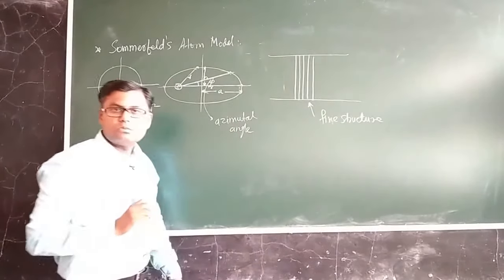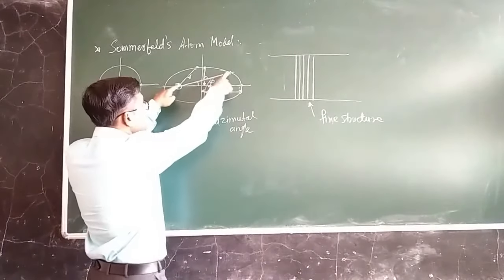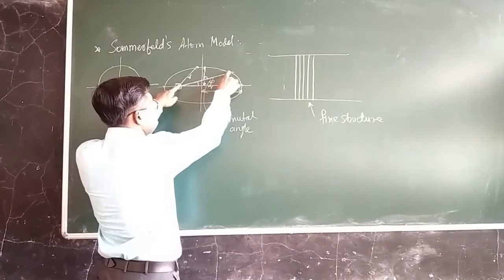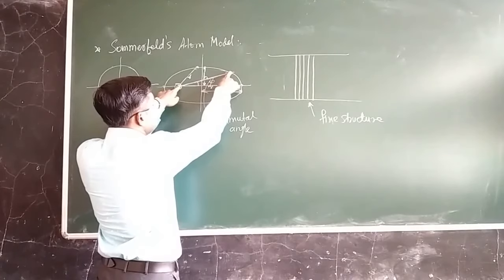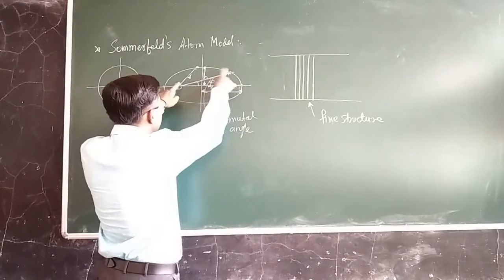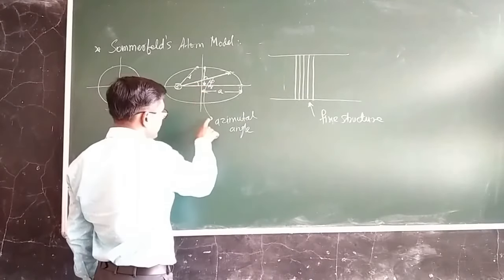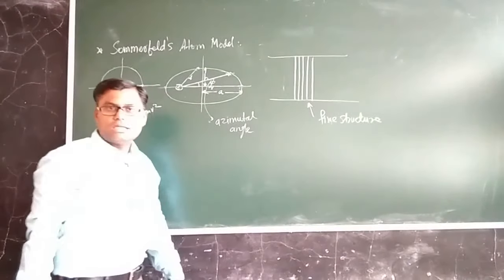The azimuthal angle is the angle made by the radius vector with the major axis of the ellipse. So this is the radius vector, this is the major axis, and the angle between these two vectors is denoted by phi, which is called the azimuthal angle.